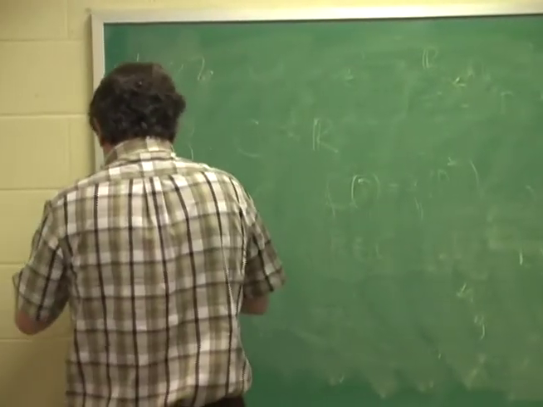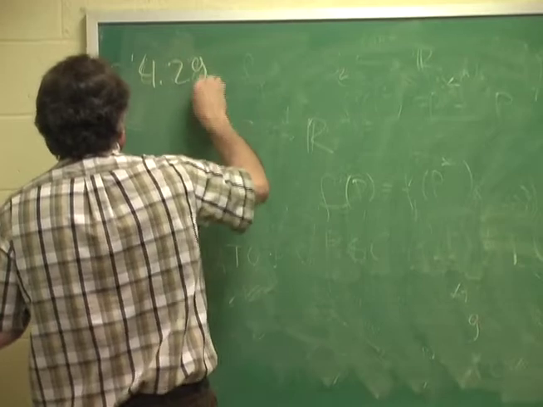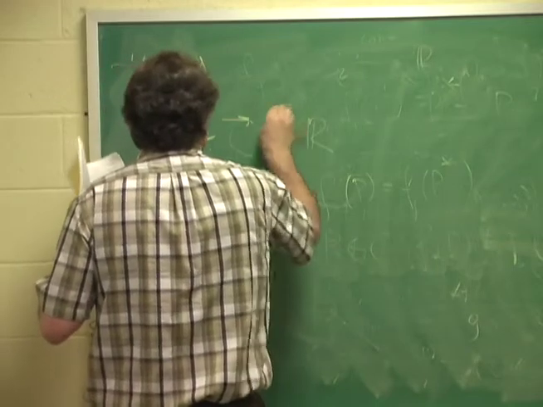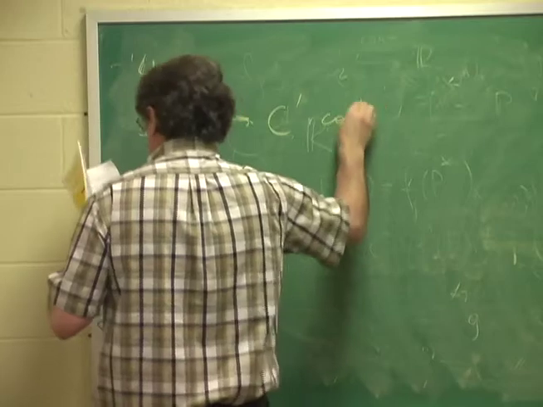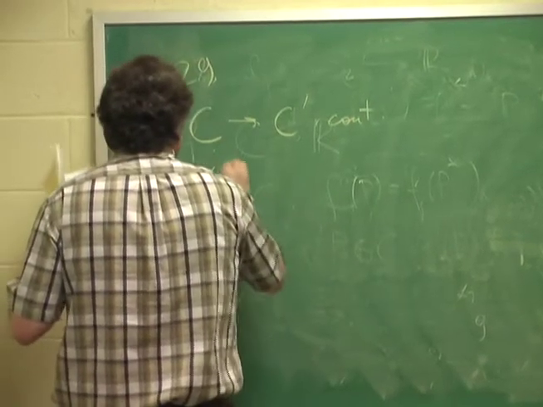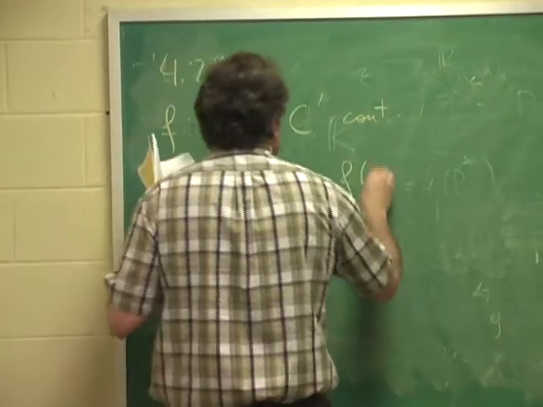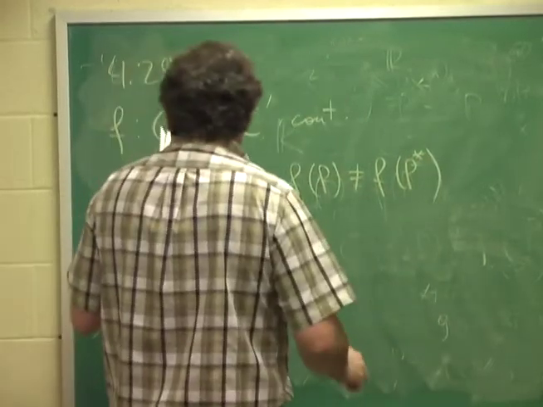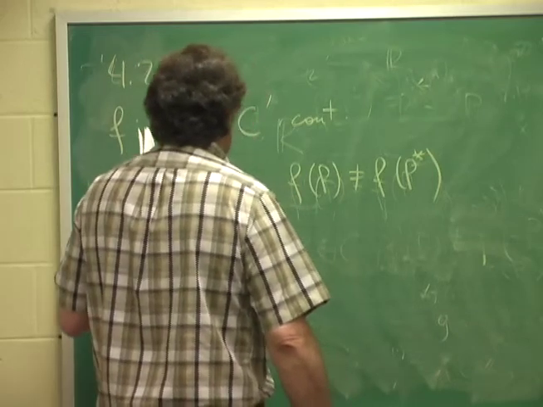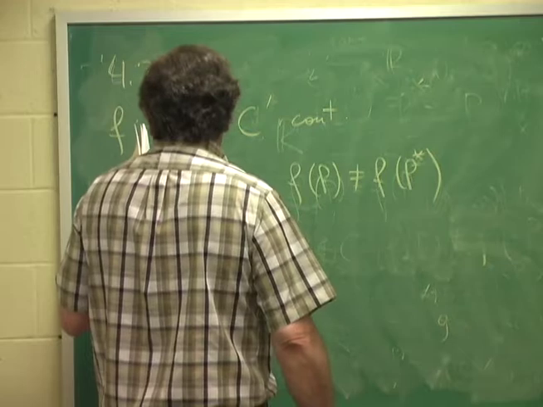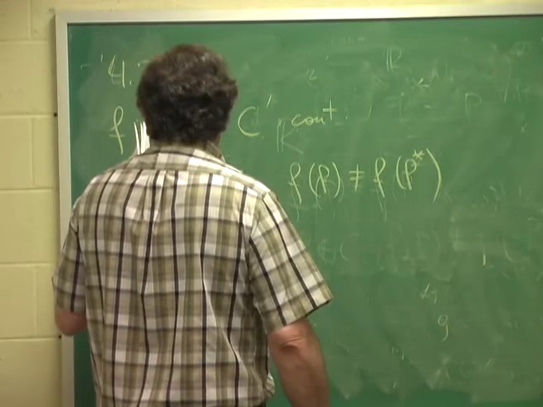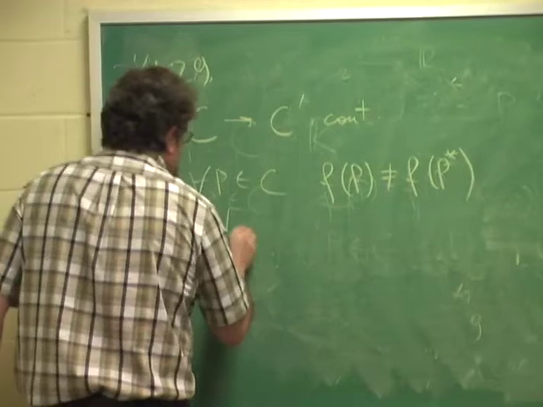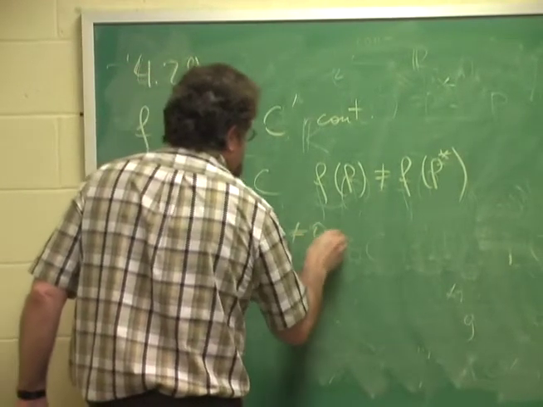So it is 429. F is a mapping from a circle to a circle, continuous, and such that for any p on the circle, f of p is never f of p star. Okay, show that then degree f is not 0.